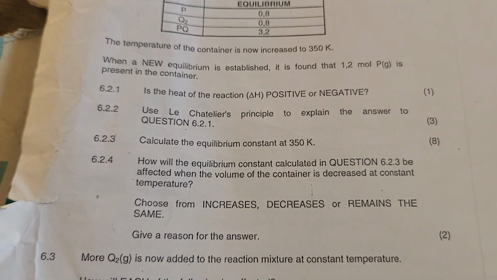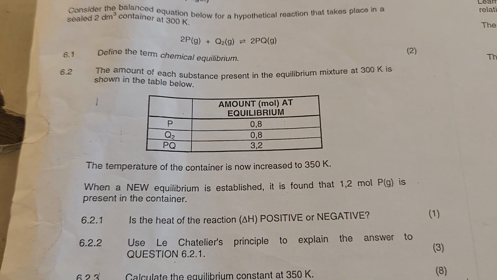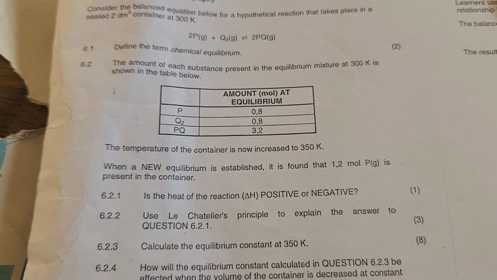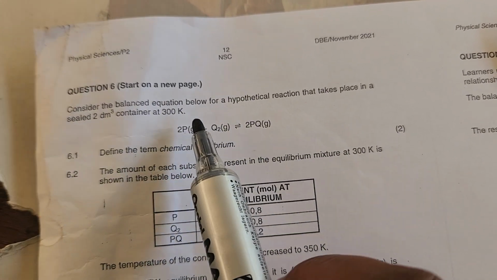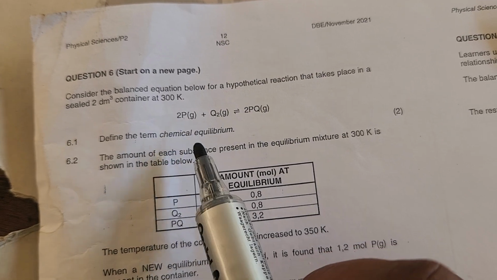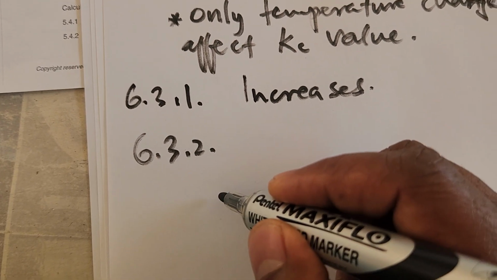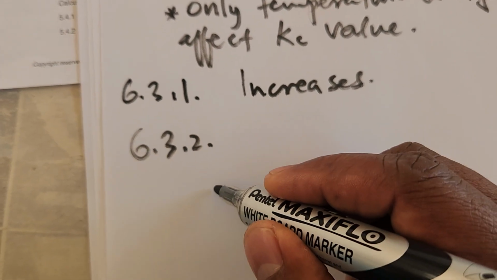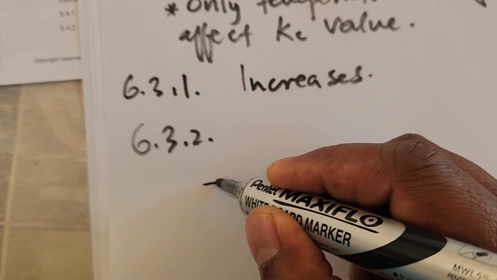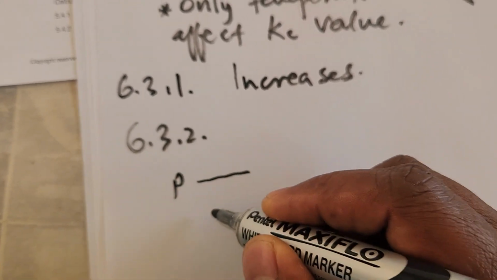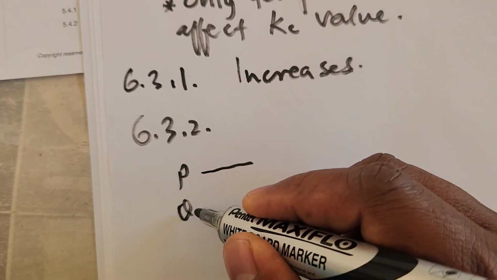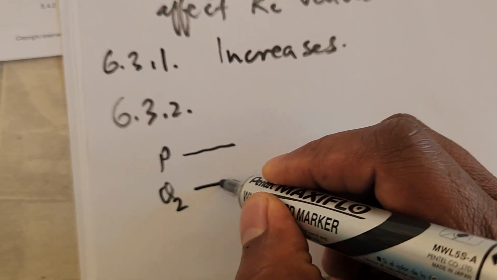6.3.2, they say the number of moles of P. What will happen to the number of moles of P? P is a reactant. We say once you increase one of the reactants, the forward direction will be favored. Therefore, both P and Q2 will decrease. Then if this is in a graph, let's say P was this, and then Q2 was this one.